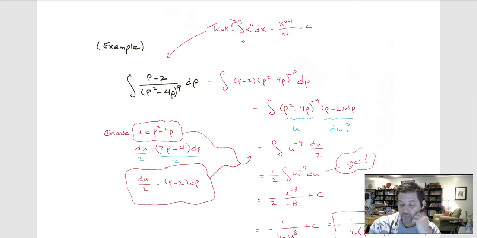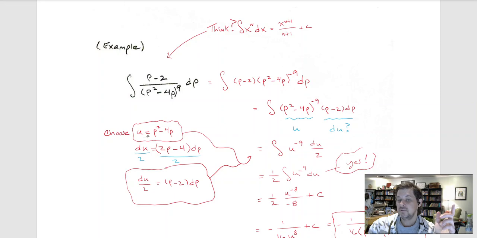Okay, and that's true. I mean, ultimately, that's what you want. Another way that people think about choosing the substitution is, out of all the stuff that you see here that you could choose your substitution to be, you want to choose the thing such that if you took the derivative of that thing, you would get the other elements of the problem, perhaps with some constants being different. So let me show you what I mean by that.